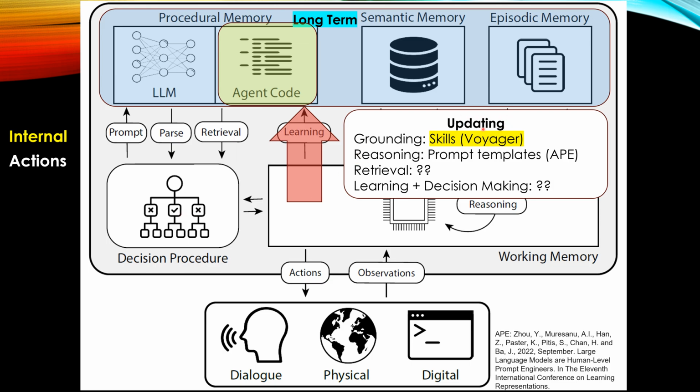In Voyager, the skills library is updated by adding code that was used in successfully completed tasks. In 8, which I've included the reference here, the prompt templates are being updated. For retrieval, learning, and decision making, the authors were not aware of recent works that cover this. So to the researchers out there watching this video, this is an opportunity to make a contribution.